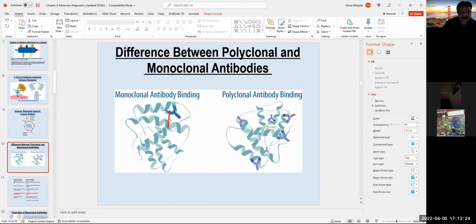So an antigen that is specific to a cancer will be bound at a specific point and start the cell lysis or cell death process. Polyclonal antibody could bind to various places on the cancer cells, so it may not be good for that, but polyclonal antibody could be good for diagnosis.